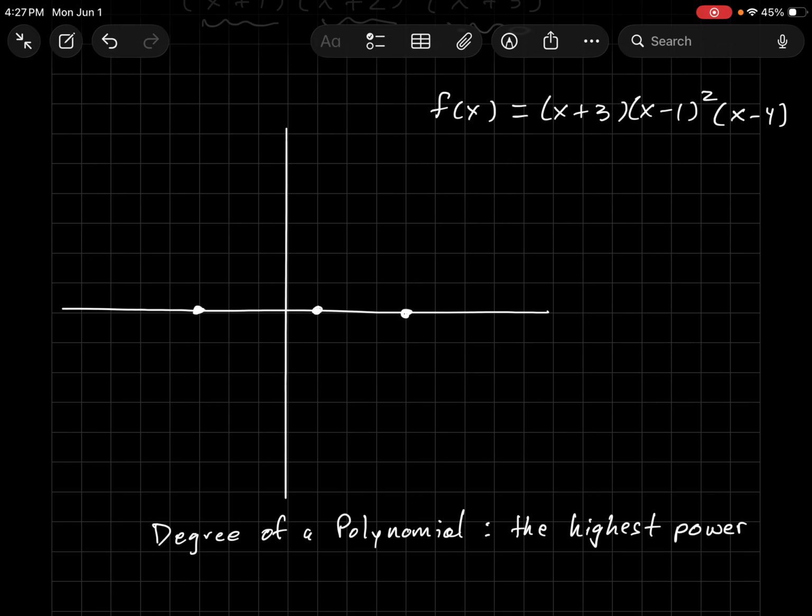Now you might say squared, because it looks like the highest power is a 2, but that's the highest power of a factor. If I were to multiply f of x completely out, do you agree that you would have an x to the 4th plus some other things? And so the degree of this function is 4, because the highest power when multiplied out is 4. So I could say this f of x is a 4th degree.